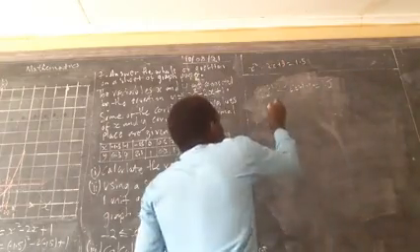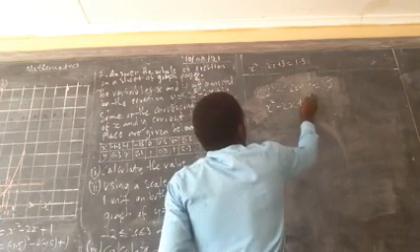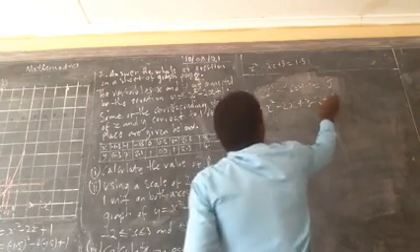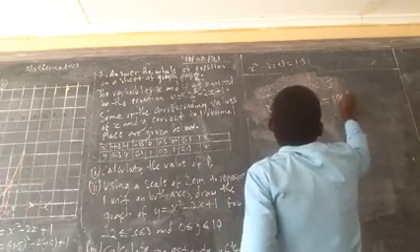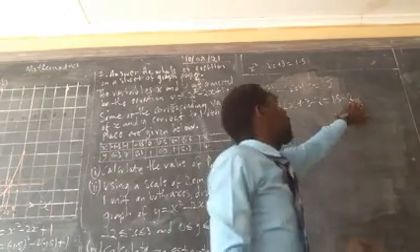You see that? So I'm going to do x squared minus 2x plus 3 minus 2 equals 1.5 minus 2. I do it on both sides of the equation.